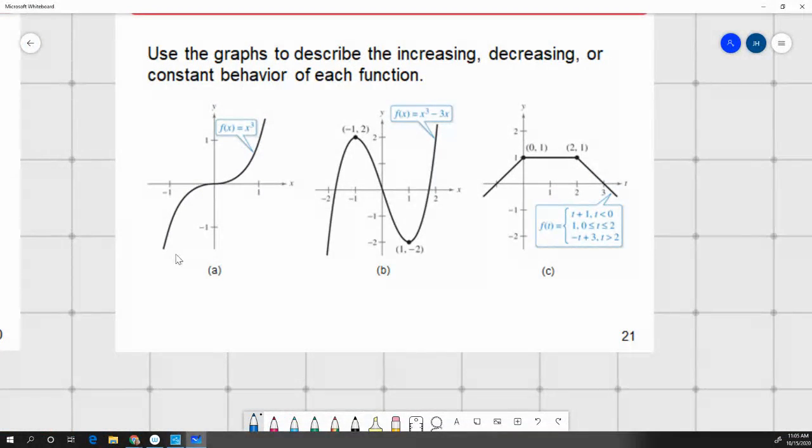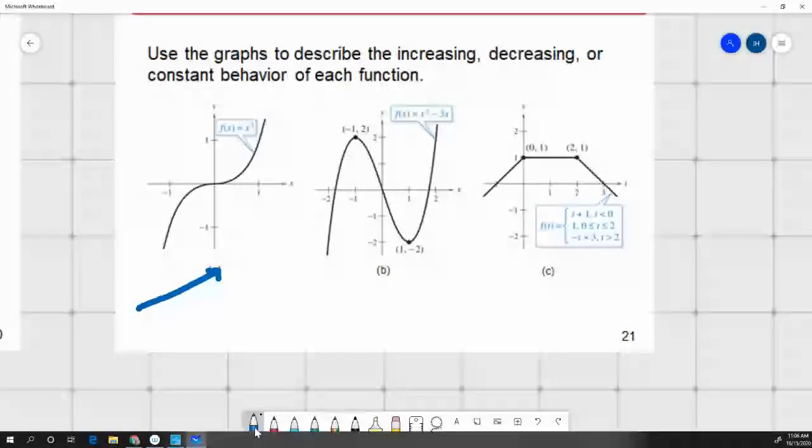We're talking about behavior from left to right. The behavior of this equation from left to right at every point is going up. At every point, it is increasing. So this function is increasing at every interval. This is an increasing graph. It is always going up from left to right.